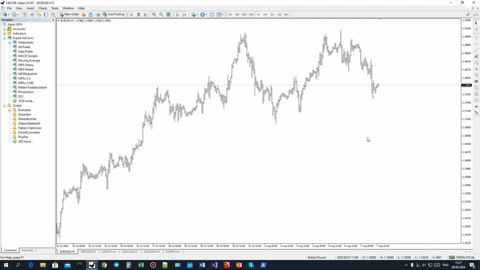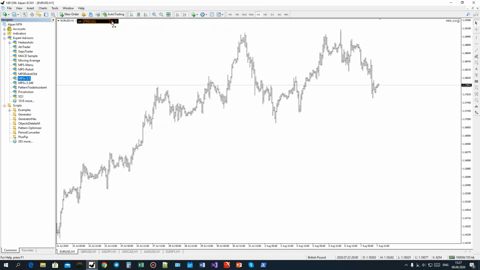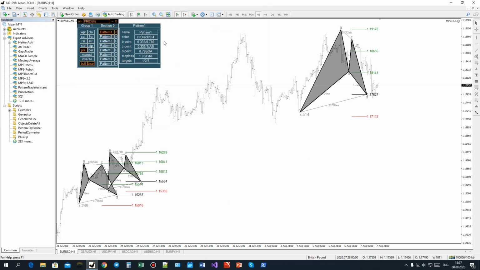Okay, so let me show you how I personally find patterns, and I use NPS to do that. By default NPS draws nothing. And here is the pattern that we are going to backtest today. This will be a Gartley pattern, and to backtest all possible Gartley variations, we start the B point from 0.3 to 786.